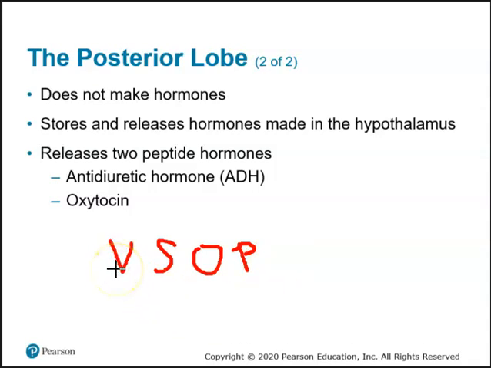So V stands for vasopressin, or your antidiuretic hormone. S stands for supraoptic nuclei. So the supraoptic nuclei are what make and secrete your vasopressin. Then you have your oxytocin. Oxytocin is made by the paraventricular nuclei in the hypothalamus. So VSOP, Remy Martin VSOP.